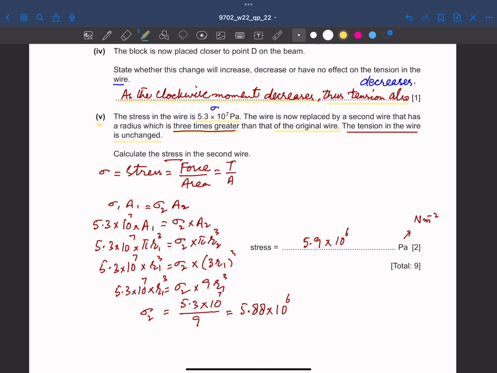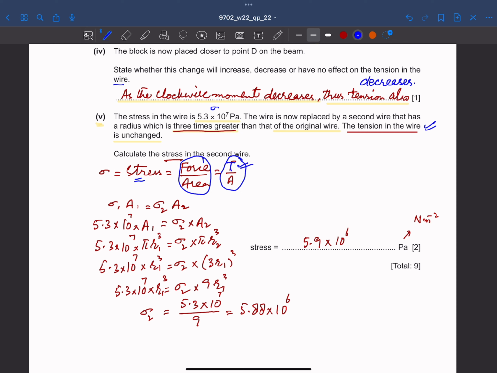So this is again, as I said, that basically you have the formula according to the definition of stress, that this is nothing but force per unit area, and force in this case is tension. So tension per unit area you can write, but as the tension in the wire they have mentioned here is unchanged, so T is the same for both cases.